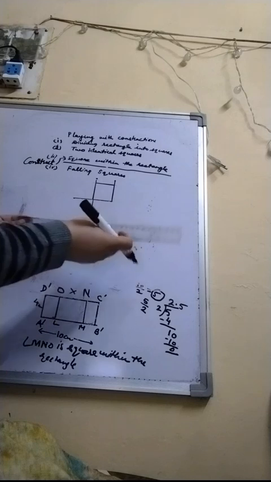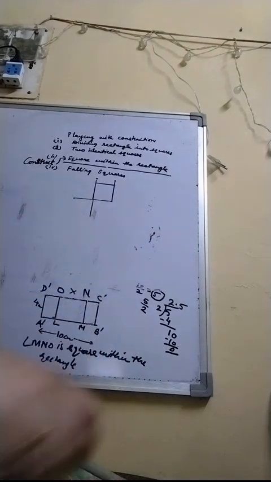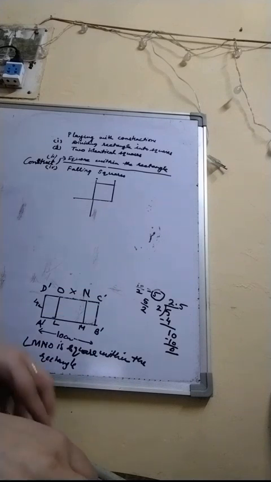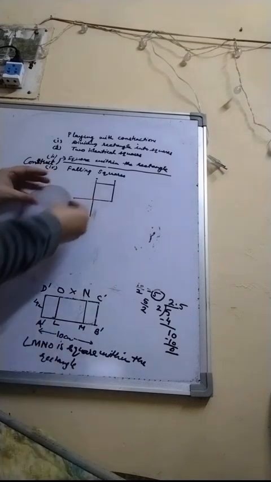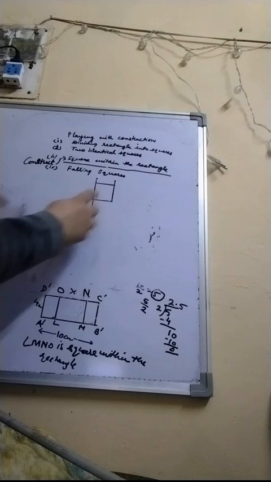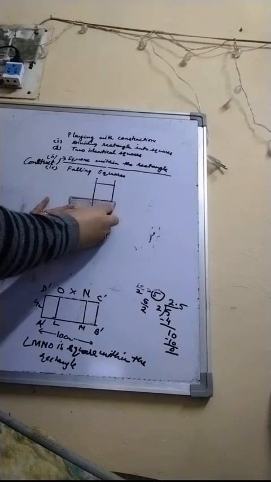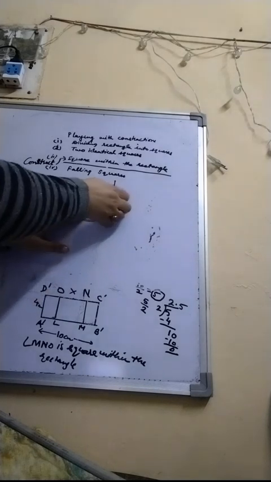Now from here what you can do is draw the 90-degree. This is the vertex, take any one of the lines, align the protractor with it, okay, so this is 90-degree.